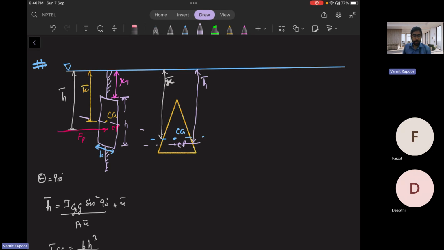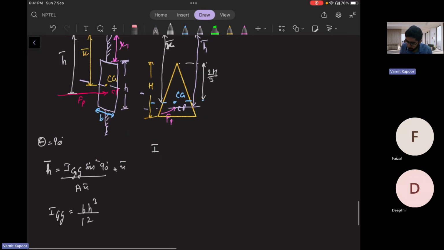If the complete height is capital H, the apex of the triangle will be at 2H by 3 from the center. And this is the point FP where the pressure force is acting.